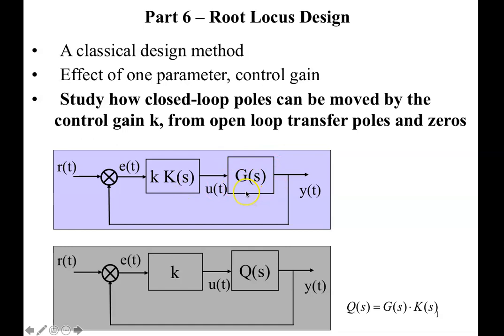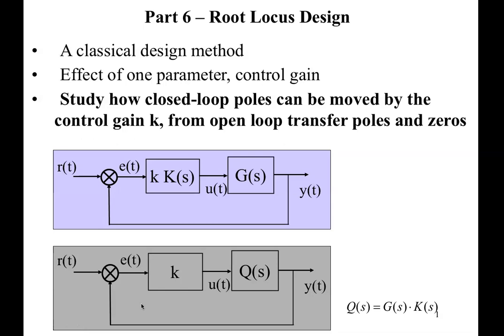The aim here is to see if that small k, it's a scalar, it's a number, if that k changes for all sorts of possible values from 0 to infinity, how the closed loop poles will move about without every time deriving the closed loop transfer function and then finding the poles through different k values.